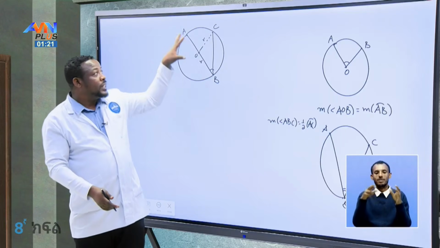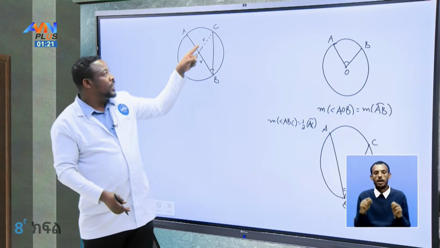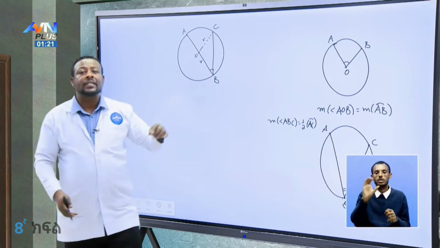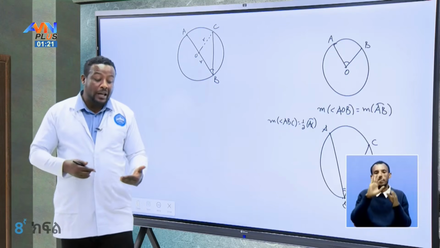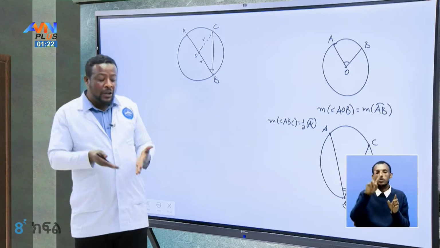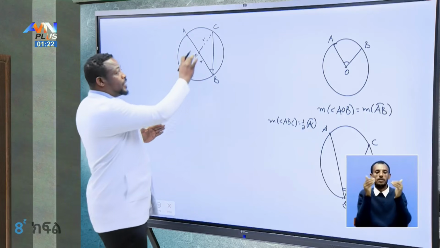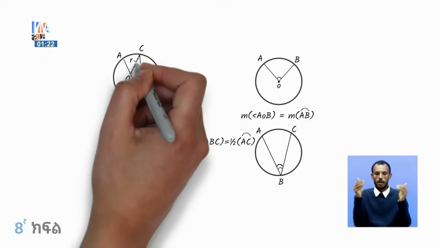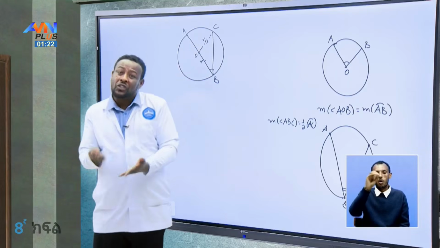Now, if you see this picture and consider triangle BOC, it is an isosceles triangle. By definition, a triangle is said to be isosceles if two of its sides are the same. So in this case, these two are the same, and they are radii. So BOC is an isosceles triangle.